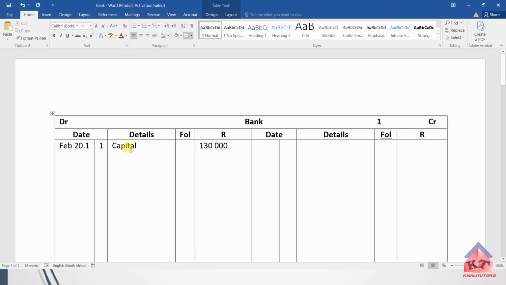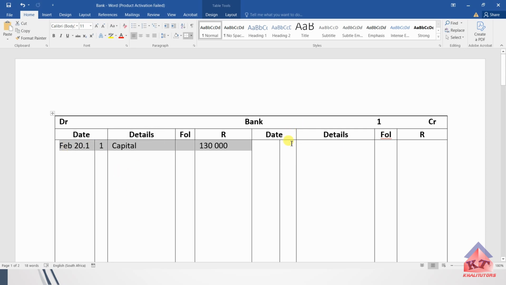Now remember it's a double entry. So the first entry is this one. Then we need to find the second one, and it's easy to know which one because you've already specified the information here. So the second one is the capital one. As you can see, on one transaction it is debited, and on the other transaction it is going to be credited.